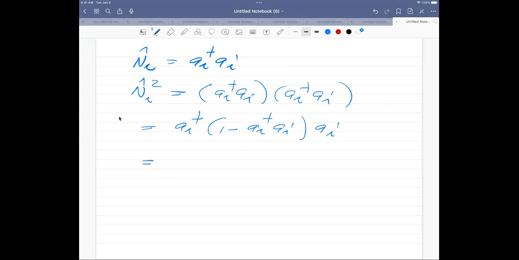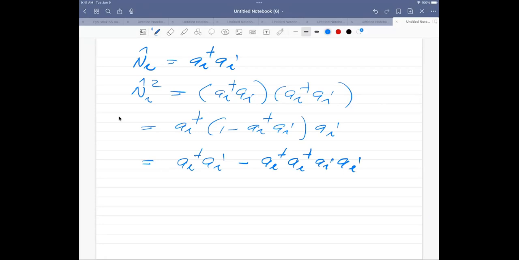Now, when you look at it, this is going to be given by a_i multiplied with a_i. So the Kronecker delta here is equal to 1, because I have the Kronecker delta of i and i. And then I have minus a_i dagger, and then a_i.